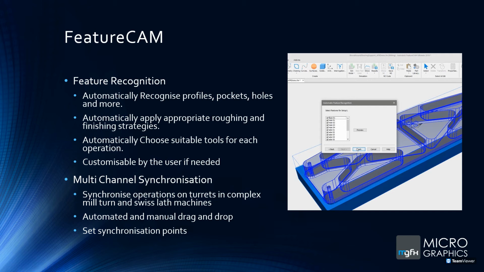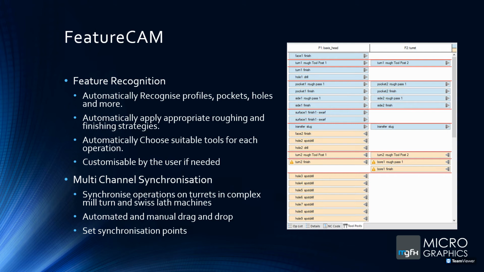Now, all the settings that are chosen throughout the process of going through the wizard are customizable by the user. In the case where the user is not happy with what was automatically chosen, or if the particular part has special requirements that don't fit the automation process, the user can go ahead and choose settings on an as-needed basis.